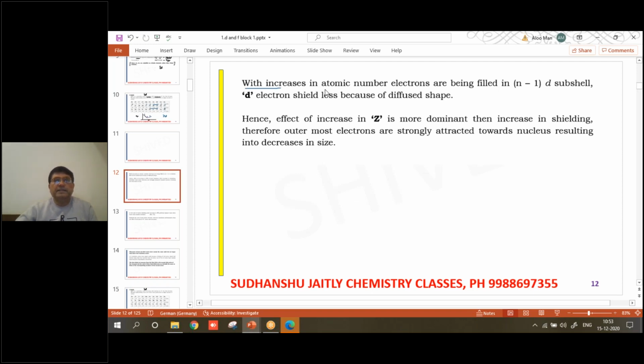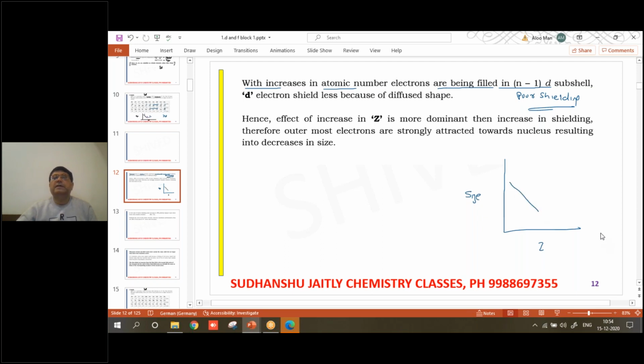With increase in atomic number, electrons are filled in n-1 d subshell. You remember p block में भी किया था, d subshell की जो shielding होती है, that is poor. Therefore, as you are putting electron in the d subshell, what is happening? न्यूक्लियस को भी तो आप एक प्रोटॉन दे रहे हो, शील्डिंग बढ़ नहीं रही, तो न्यूक्लियस की तरफ अट्रैक्शन बढ़ रही है.